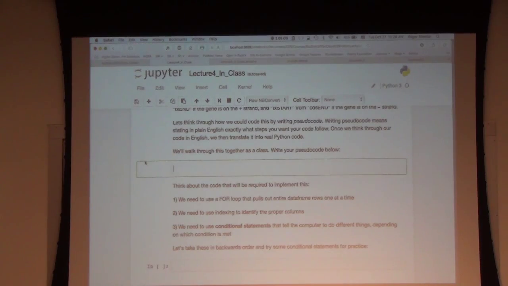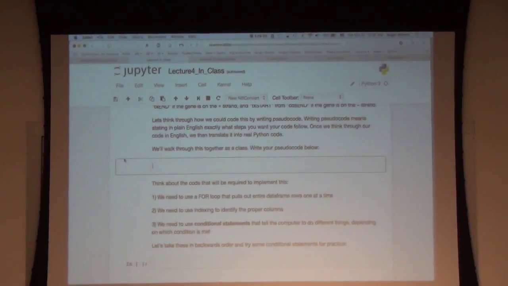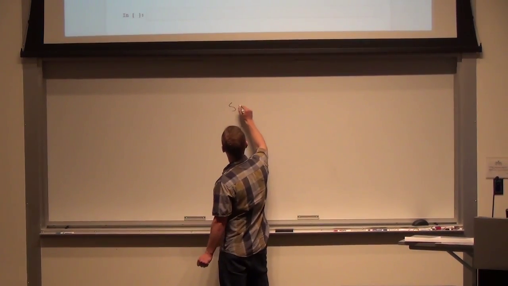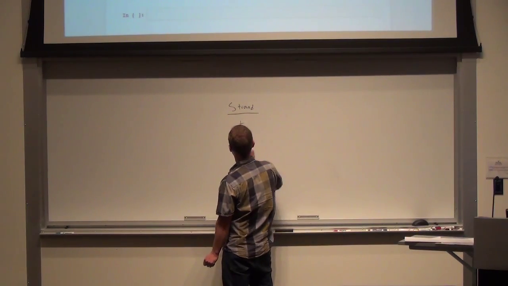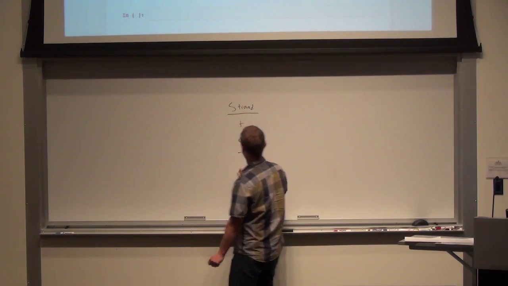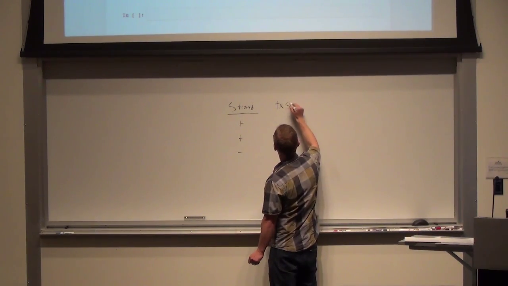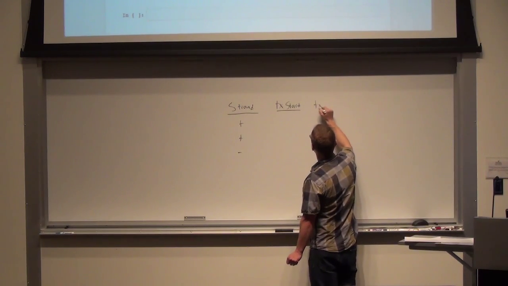Okay. So let's just think through our data table here for the 3' UTRs. I know this may seem simple, but let's just make sure we write down our thinking. So we're going to have a table where we have strand, and it'll be plus, minus, etc. We're going to have the transcript start, transcript end.